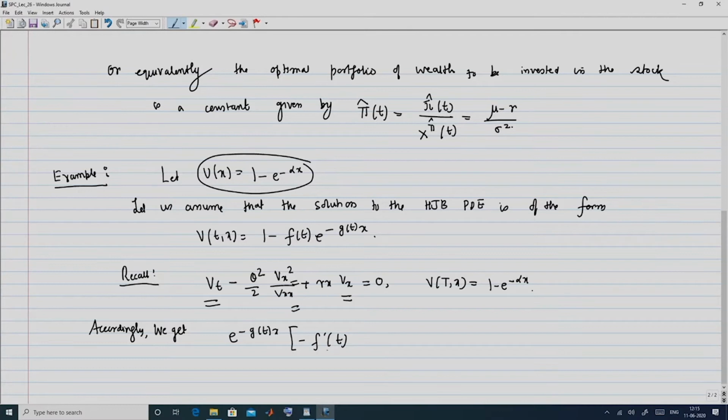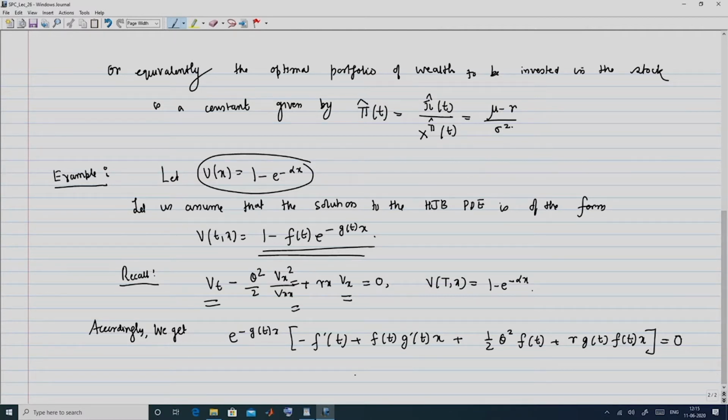So, this f prime of t will come from the derivative with respect to t. So, it is minus f prime of t plus f(t) g prime of t into x, plus we have half theta square f(t) plus r g(t) f(t) into x. This is going to be equal to 0.